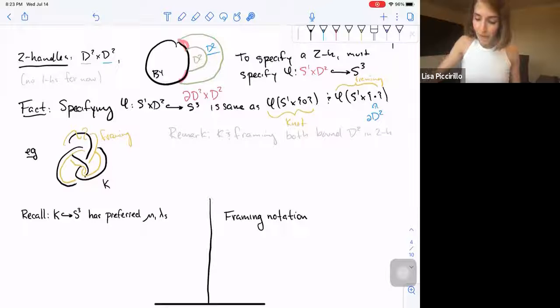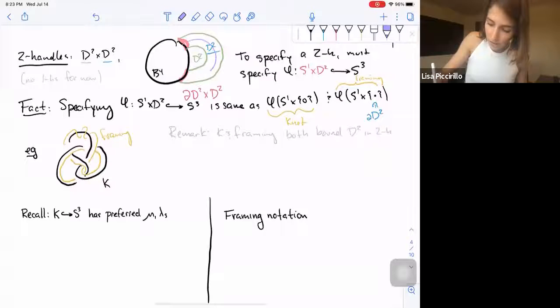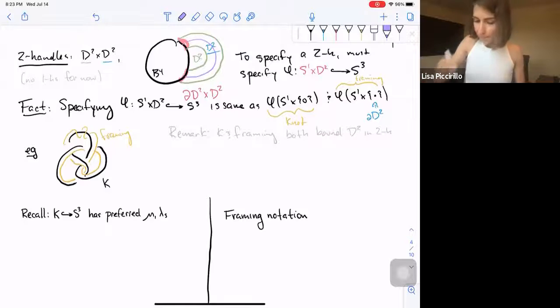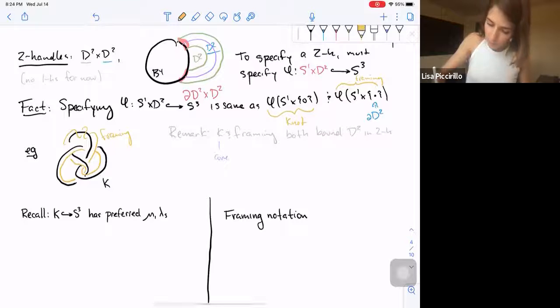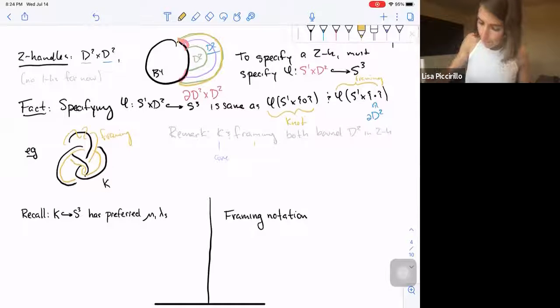And every S1 times a point in the feet of this two-handle bounds a disk, like S1 times 0 bounds the core disk, right? So in particular, K bounds the core, and our framing curve bounds, I don't know what, some push off of the core.